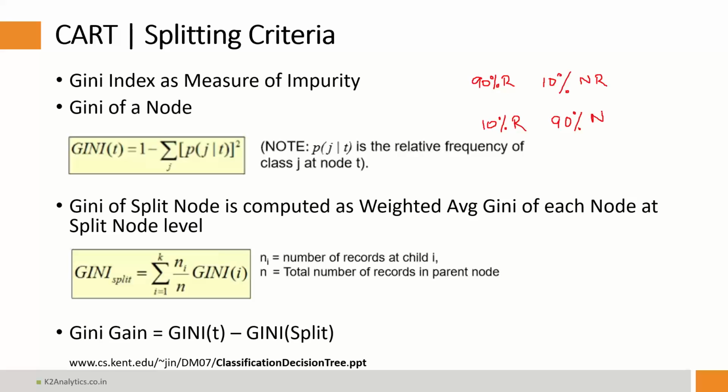Now, if I ask you which data is more pure or which data is more impure, this is my data set 1 and data set 2. Think over it and tell me which data, D1 or D2, is more pure and which is more impure.